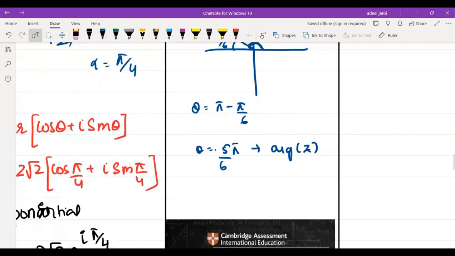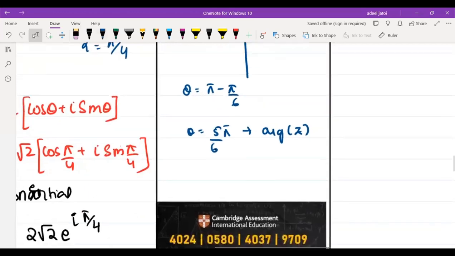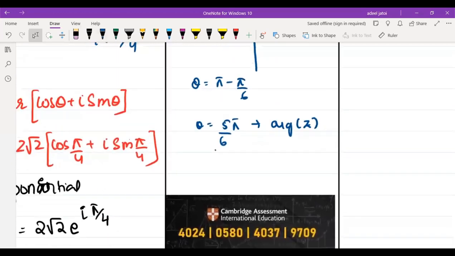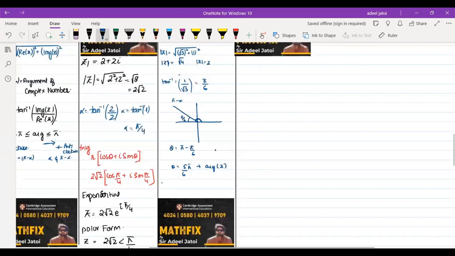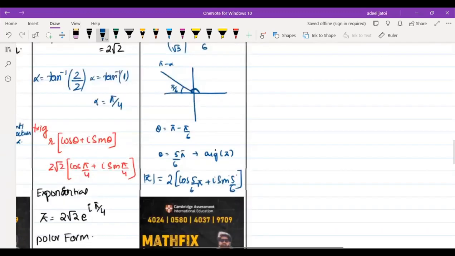Now, considering the same concept, if I want to have the answer in the trigonometric form, since your r is 2, then we have cos 5 upon 6 pi plus iota sine 5 upon 6 pi. And this is your trigonometric form.